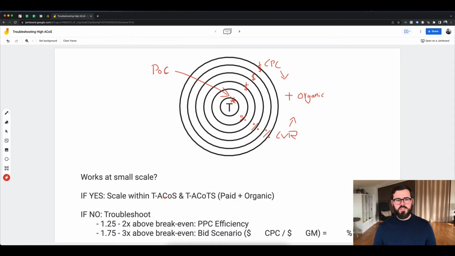So target ACoS is the ACoS that you're okay with, and this can change over time. Again, if you want to go out here all the way, you're probably going to need to raise the target ACoS you're comfortable with. Because the higher it is, the more room you will allow to grow the product and the sales, the revenue, or I should say the sales specifically.